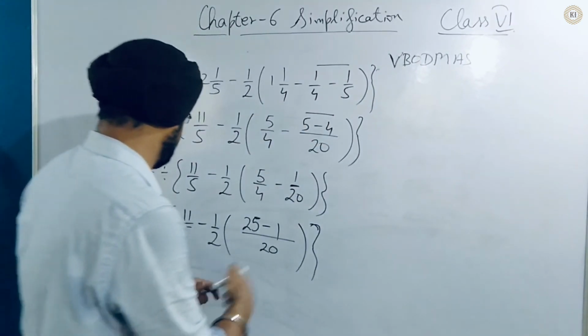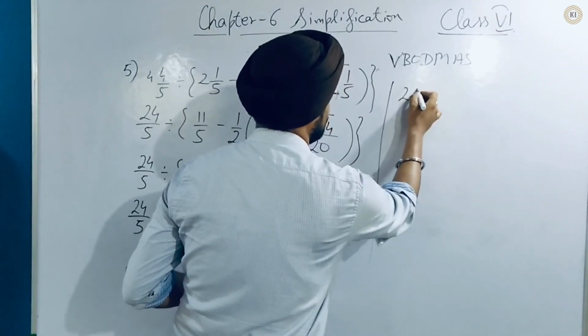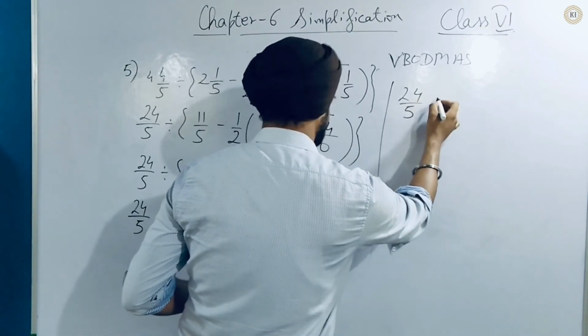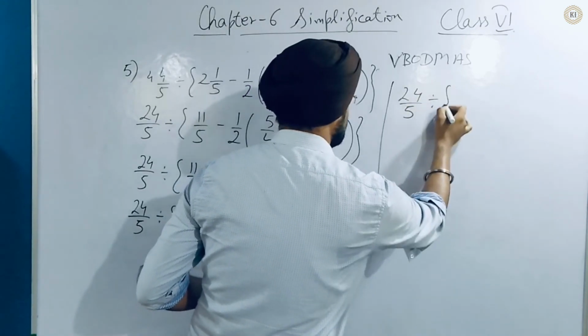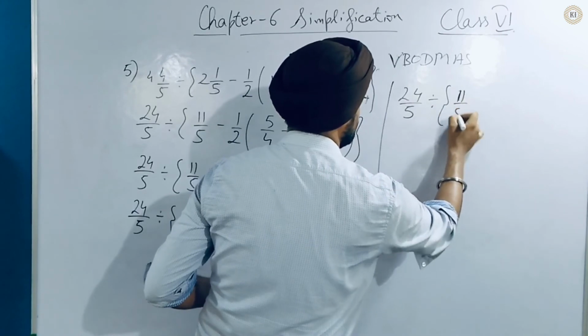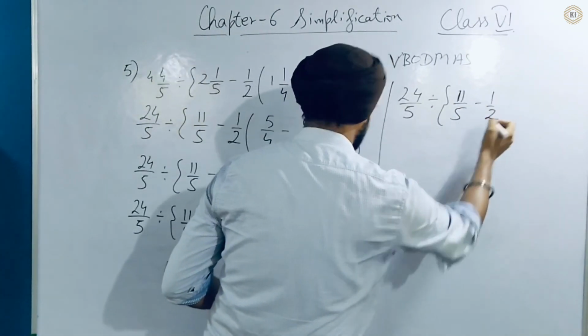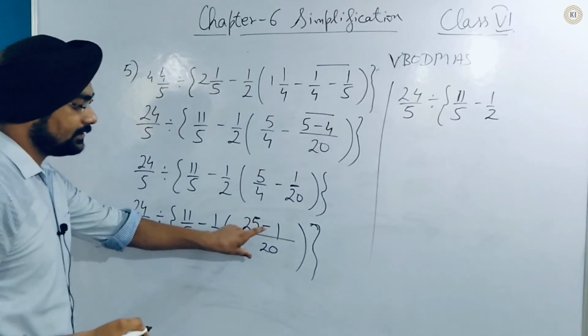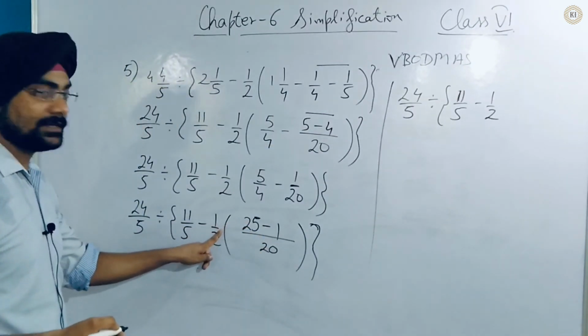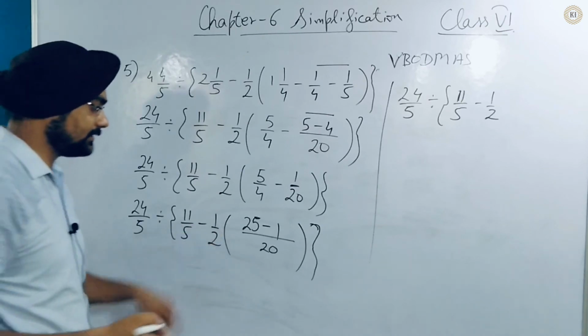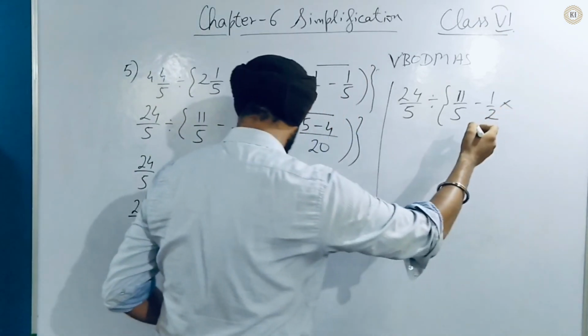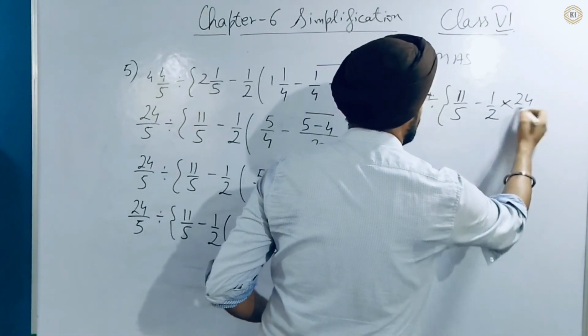Now 24 upon 5, divide 11 by 5 minus 1 by 2. When you solve this, the bracket is removed, so no sign is there, so by default it means a multiplication sign, multiply 24 upon 20.